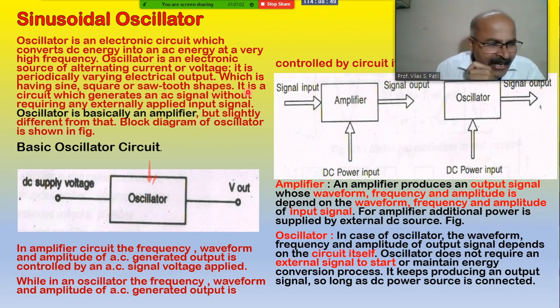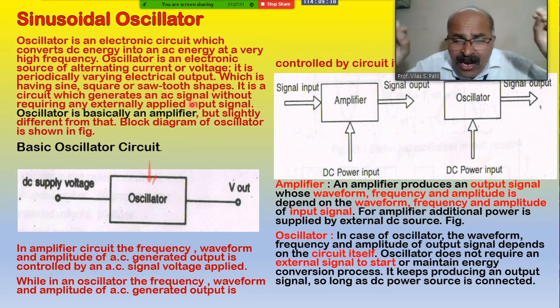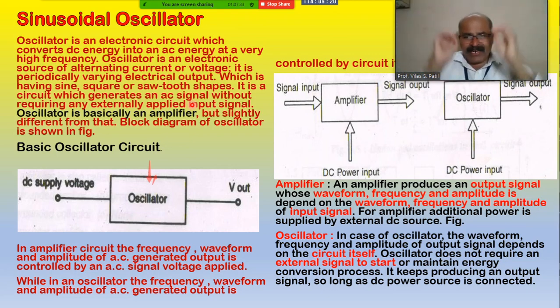See here, it is the circuit which generates an AC signal without requiring any externally applied input signal. Then one another definition of the oscillator. Oscillator is a circuit which generates AC signal. AC signal is the up and down signal, without requiring any external applied input signal.